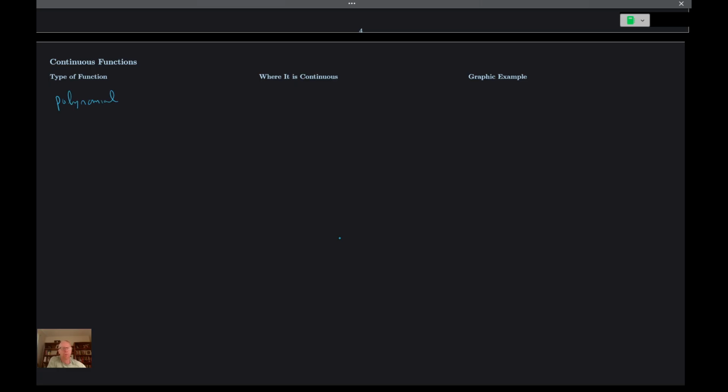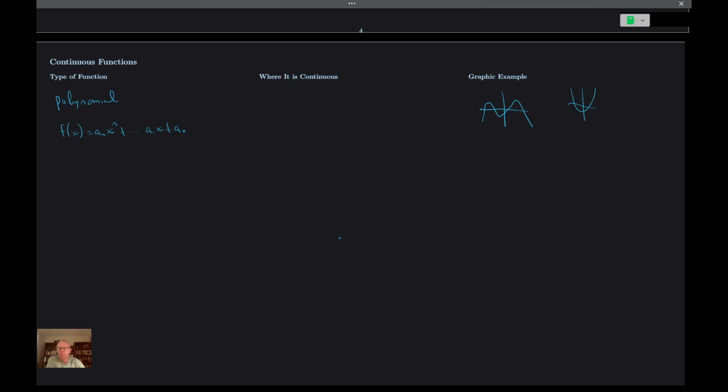So polynomials, any f of x equals a sub n x to the n. The exponents here are positive integers, and so these are always smooth graphs. Just any example, think about a quadratic, cubic.